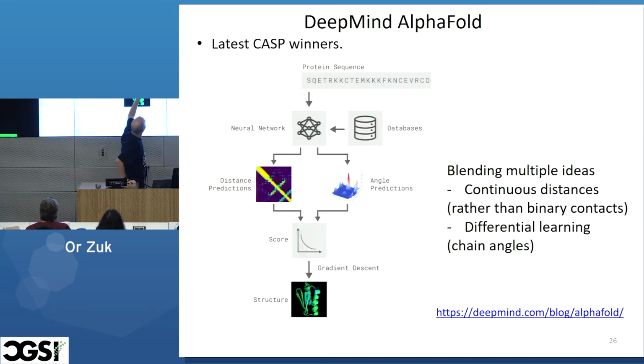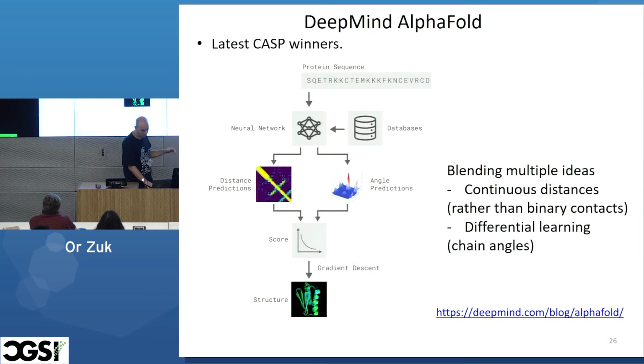And this is sort of their pipeline. They have a neural net to predict the distance. There's also another aspect I didn't talk about, predicting angles between chains. And then there is a second layer that uses this information and predicts the structure.